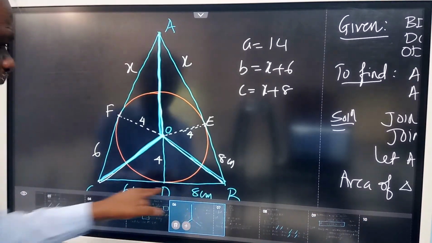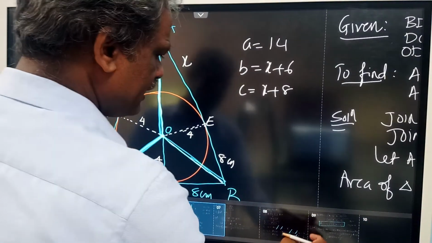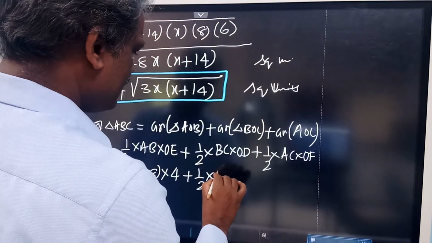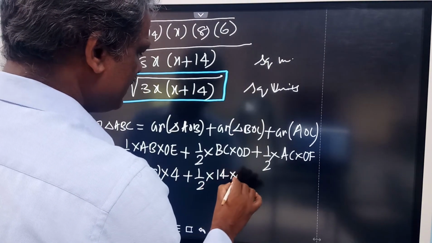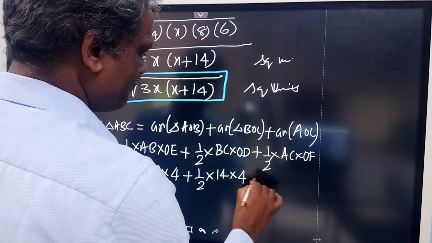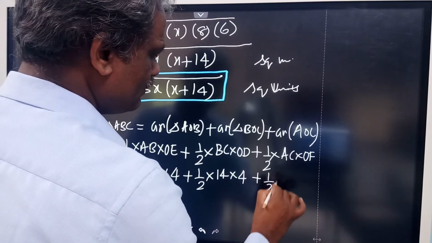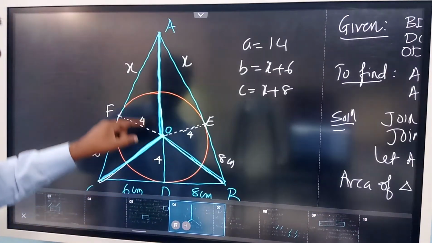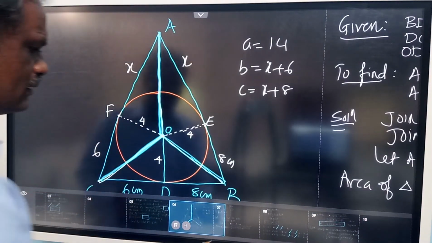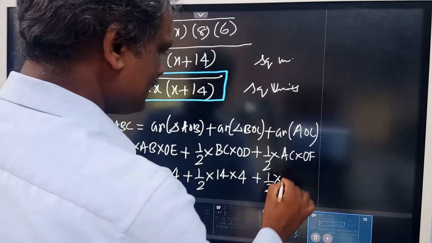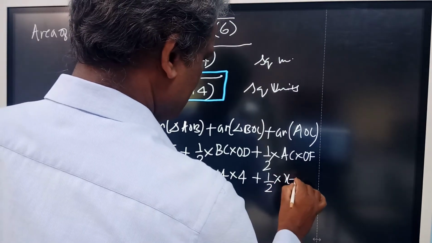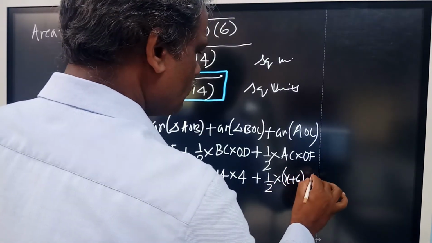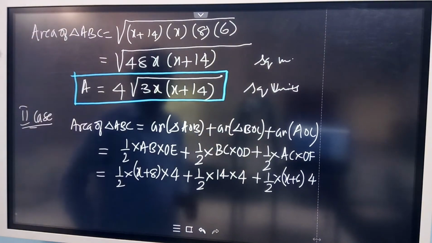BC it is 6 plus 8. That means 14. So you can write here 14. And OD is the radius again. It is 4 centimeter. Then half into AC here x plus 6. So you can write here x plus 6 into OF is the radius.